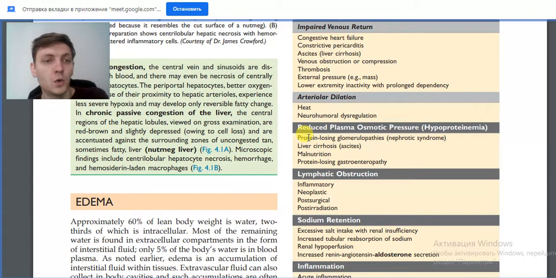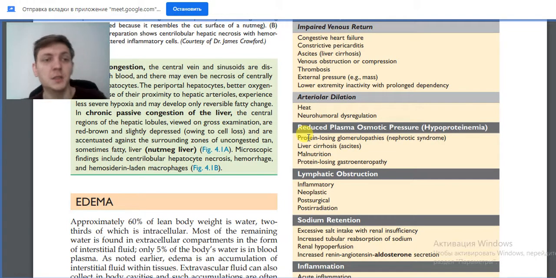Along with it, there is obstruction of veins, which first of all causes ascites, but also other types of swellings. Because the amount of proteins in the blood decreases, the colloid osmotic pressure decreases. And this colloid osmotic pressure keeps the water inside the blood vessels.